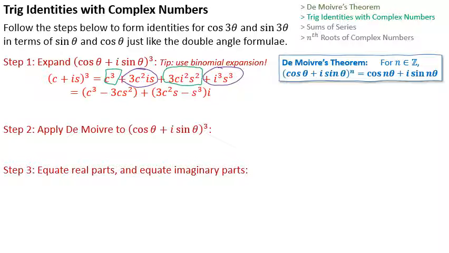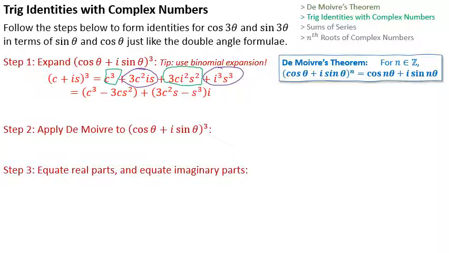So where we have a term involving just i, it's obviously imaginary, 3 cos squared sine multiplied by i, and then anything involving i cubed is also imaginary, but i cubed is the same as i squared times i, so minus 1 times i, so minus i, and that's where the minus s cubed comes from.